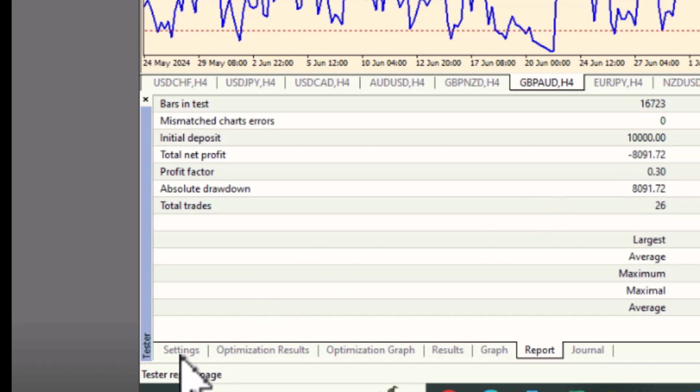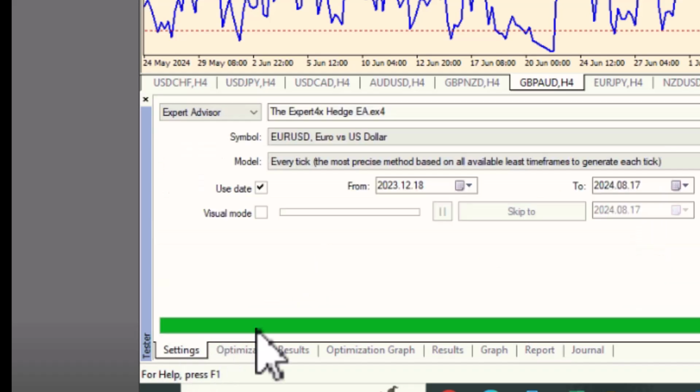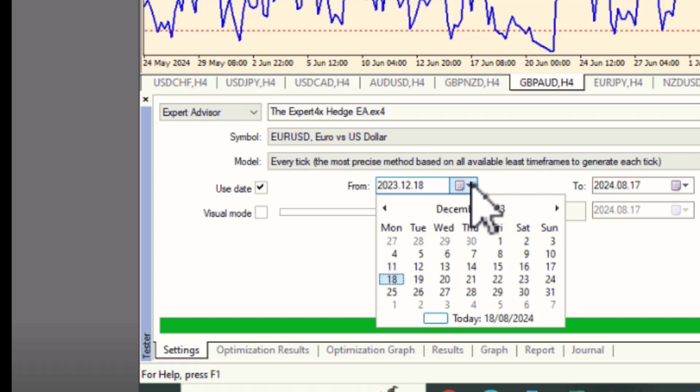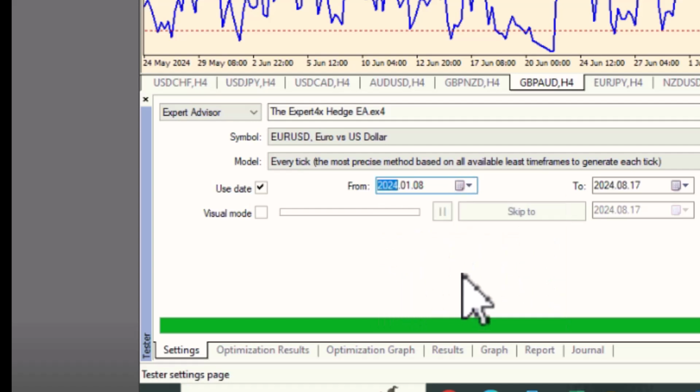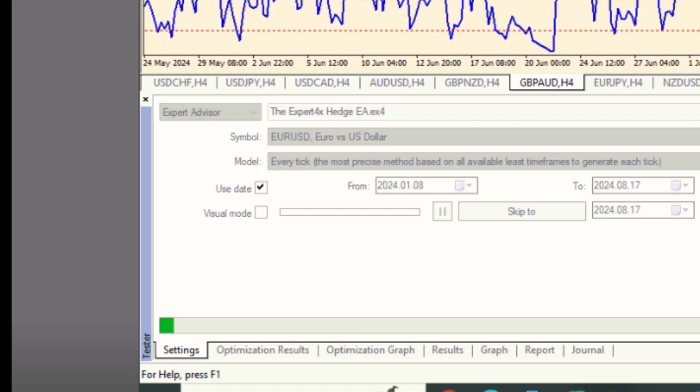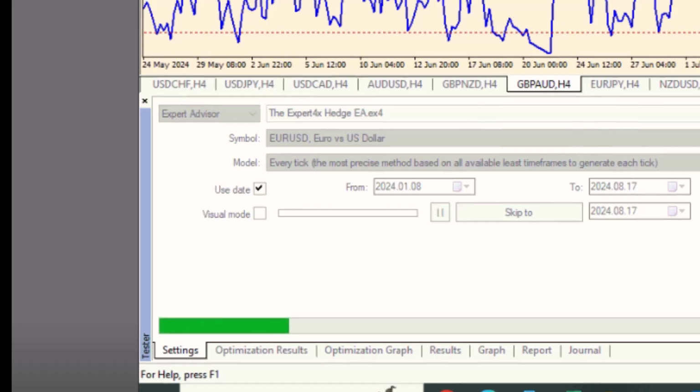So let's have a look if we pushed it 1 week forward. So instead of starting on the 1st of January, we go to the 8th of January, and we say, okay, let's start the trading.